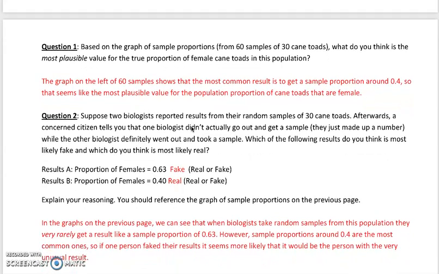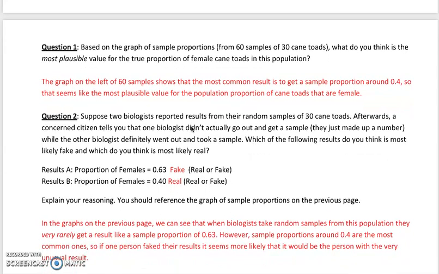So we might use the graph to reach a conclusion like that. It's pretty rare for someone to gather the data and get a sample proportion of 0.63. Getting a sample proportion of 0.4, on the other hand, is pretty common. So if I had to guess which one of these two people faked the results, I'm probably going to lean towards the one that gave me a result that seems pretty strange.